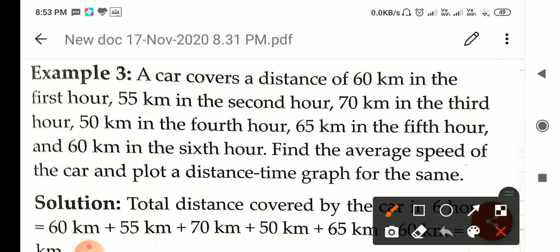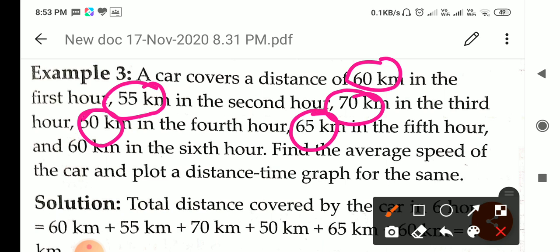It means in the first hour 60 kilometers, in the second hour 55 kilometers, in the third hour 70 kilometers, then again 50 kilometers, 65 kilometers, and in the last sixth hour 60 kilometers.